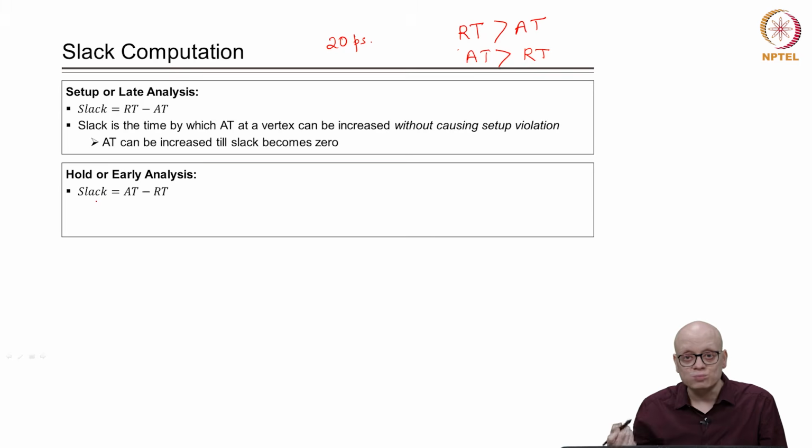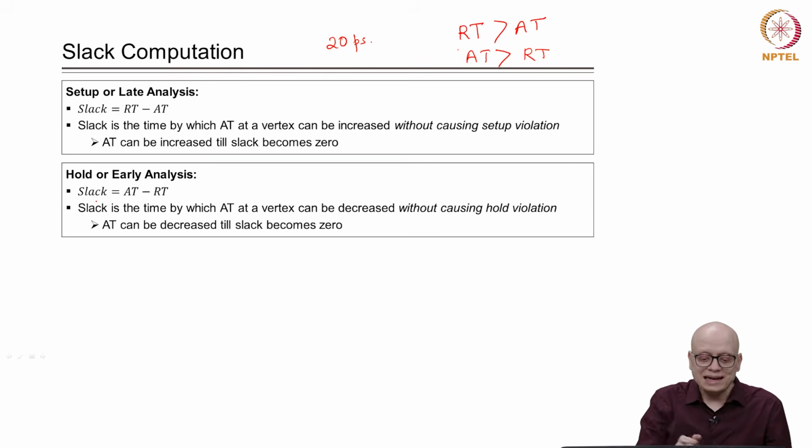If the slack is positive, then we say that the hold requirement is met, otherwise there is a hold violation in our circuit. So, slack is the time by which the arrival time at a vertex can be decreased without causing hold violation. So, arrival time can be decreased till slack becomes 0 for the hold time requirements, right.